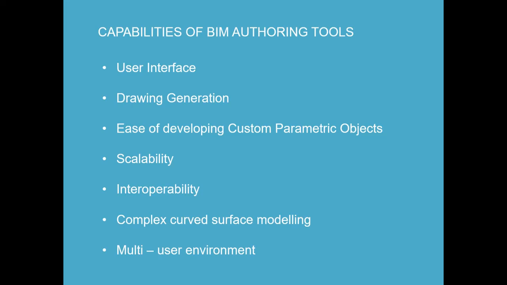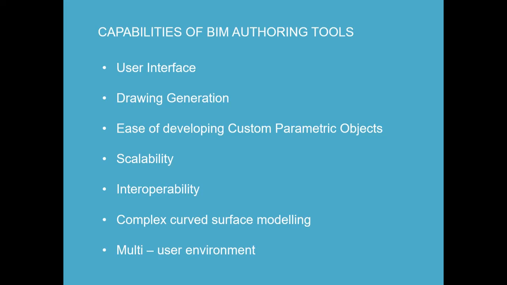It has a proper user interface, proper drawing generation capabilities, and you can create your parametric objects and elements properly. Then it is scalable, it is interoperable, it has the capacity to create complex curved surfaces, and it has a multi-user environment. Okay, it is clear.